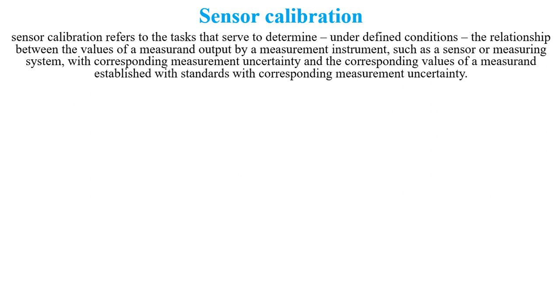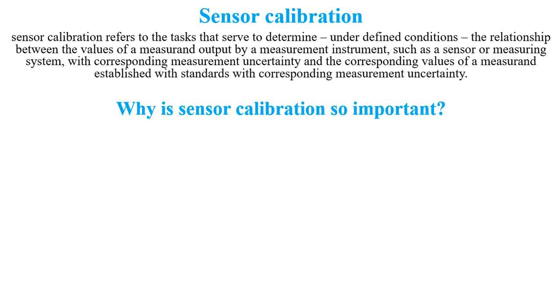This process is a task or a set of tasks that serve to determine, under defined conditions, the relationship between the values output by a measurement instrument, such as a sensor or measuring system, with corresponding measurement uncertainty, and the corresponding values established with standards that correspond to measurement uncertainty.